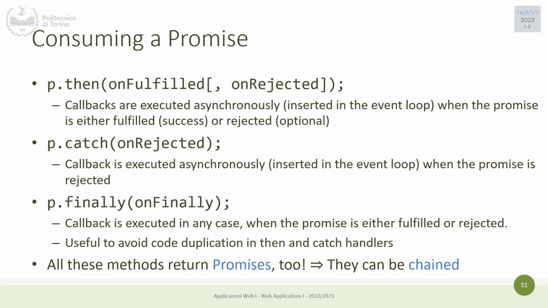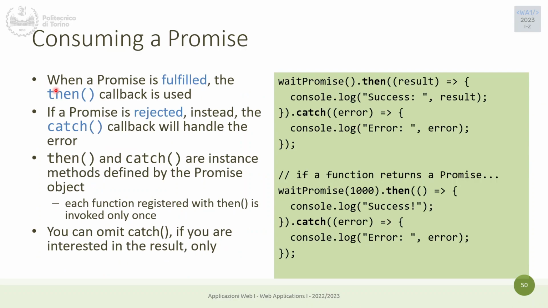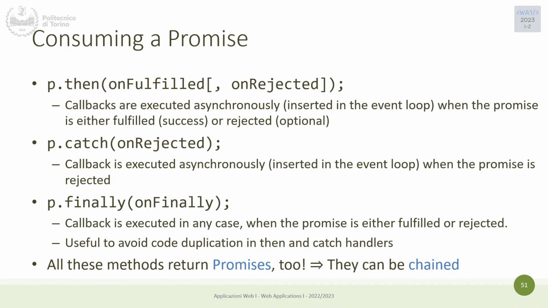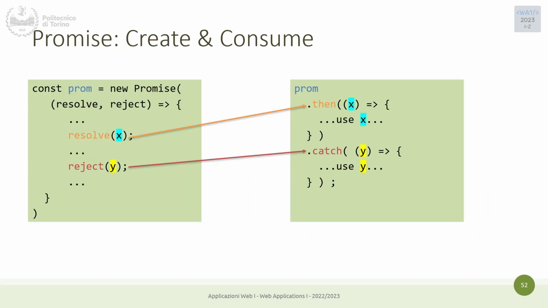Considering that all these methods, in the way in which they are built, return promises, you can concatenate them. So you can write the waitPromise dot then, and exactly as it is written here, you have the dot then, the method, the dot catch, and then you can also have dot finally and manage also this additional case.